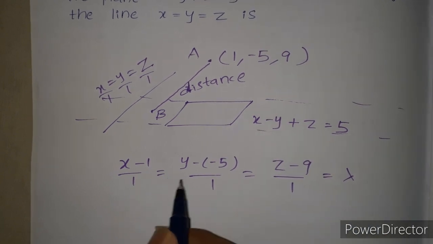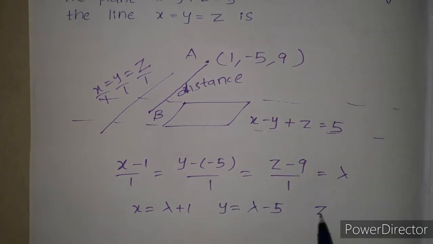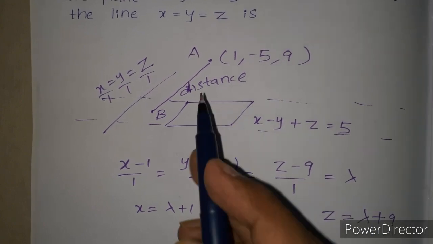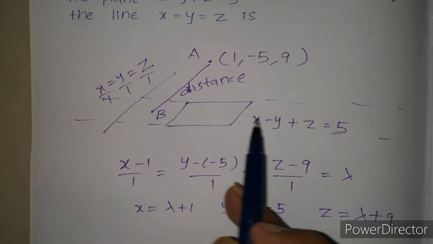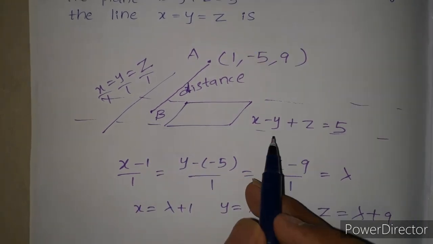So any point on this line will be x = lambda + 1, y = lambda - 5, z = lambda + 9. This is any point on this line. It touches the given plane at B, which means this point must lie on the plane.